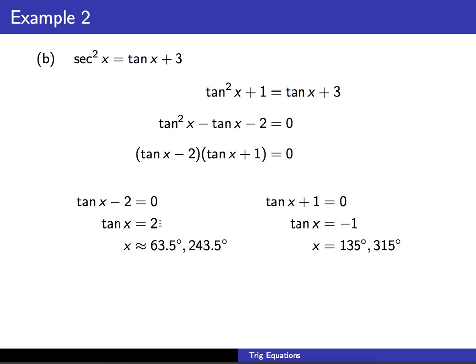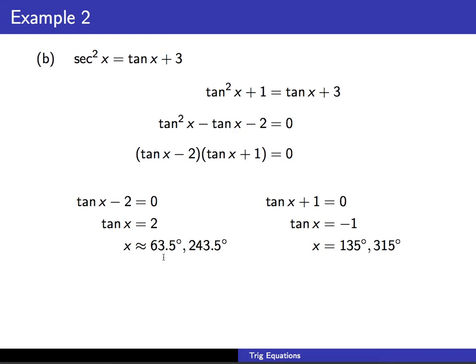For tangent of x equals 2, if we do the inverse tangent of 2, we'll get our 63.5 degrees. If we look at y equals the tangent of x and y equals 2, we'll see that the two graphs intersect at about 63.5 degrees and 243.5 degrees. This 63.5 degrees is the inverse tangent of 2. This 243.5 degrees is 180 degrees plus the 63.5.